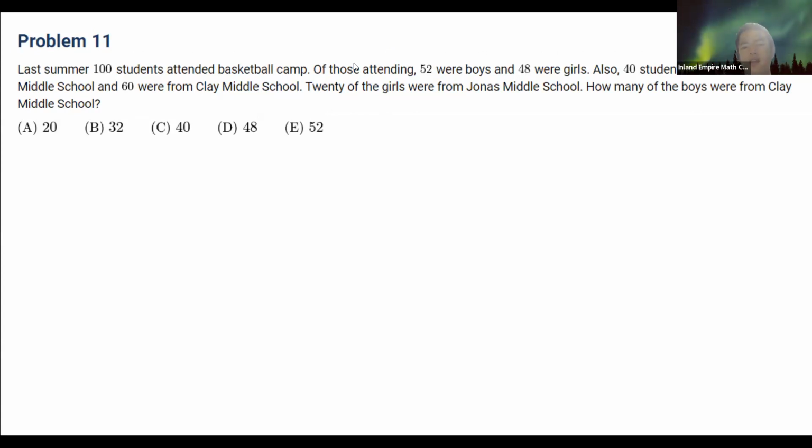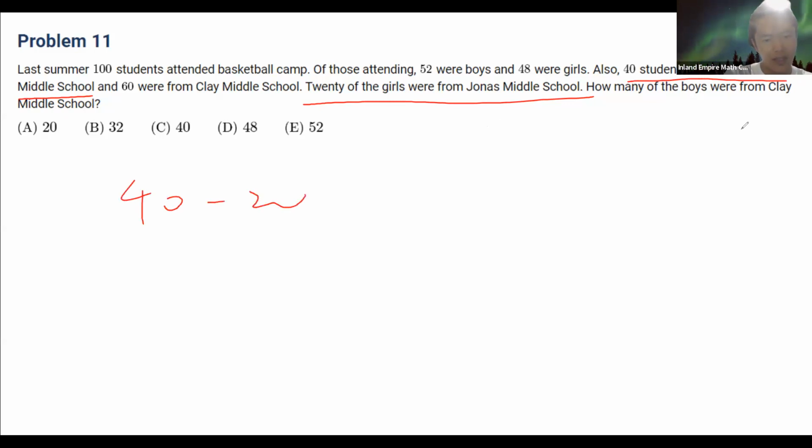Okay, that's okay. Here's how you would think about it. First of all, I want to look at this. 20 of the girls are from Jonas Middle School, and 40 total students are from Jonas Middle School. So if you have 40 kids from Jonas Middle School and 20 of them are girls, that means 40 minus 20 equals 20 are boys from Jonas Middle School.